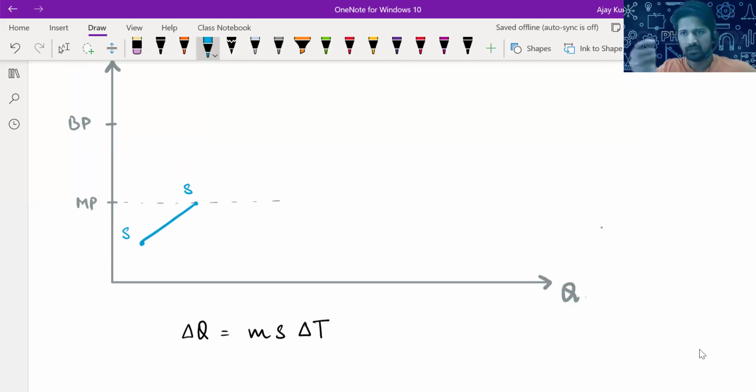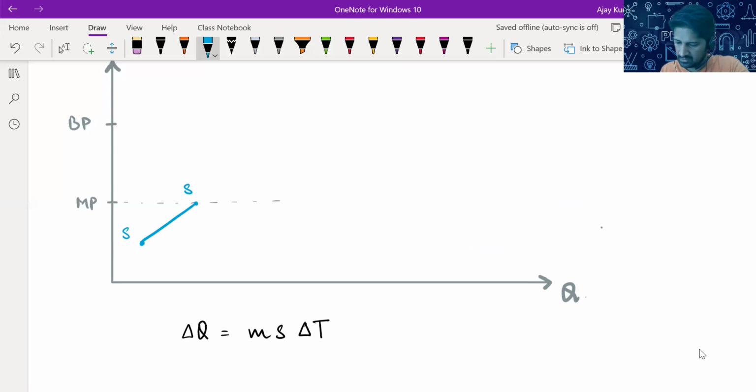So x value will continue increasing. But when it is at melting point temperature and you continue supplying heat, melting takes place, change of state takes place. And while change of state is happening, there won't be a change of temperature happening. So staying at the same temperature, melting point temperature, the solid absorbs heat and converts to liquid.